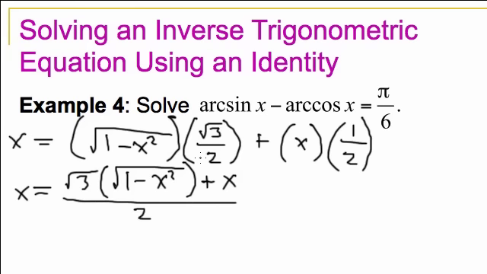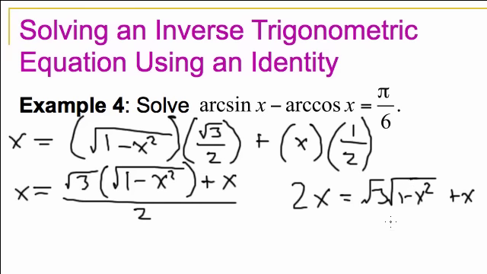Notice that both terms here have 2 as a common denominator, so we can put 2 underneath as our denominator. To get rid of the 2, we're going to multiply both sides, so we will have 2x is equal to the square root of 3 times the square root of 1 minus x squared plus x.